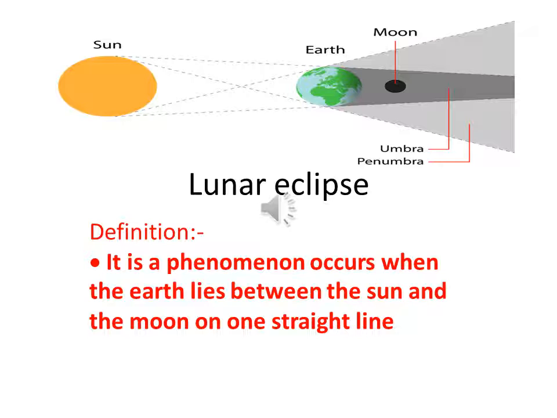Lunar eclipse occurs because the Earth hides the sunlight from reaching the Moon. So, the Moon lies in the umbra area, or part of it in umbra and another part in penumbra. So, these are the types of lunar eclipse.